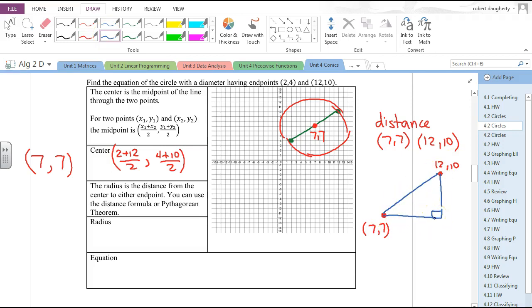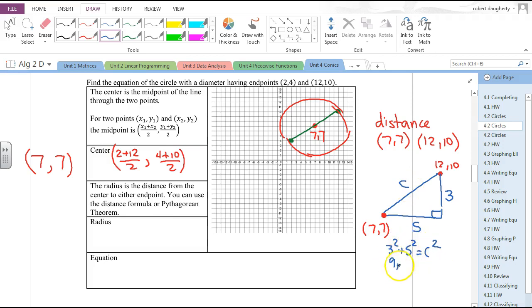On the x-axis, what is the distance from here to here? Not 3. This is x on the x's. What's the distance from 7 to 12? 5. Looking at my y's, what's the distance from 7 to 10? That's 3. Okay? So I know that 3 squared plus 5 squared equals c squared.